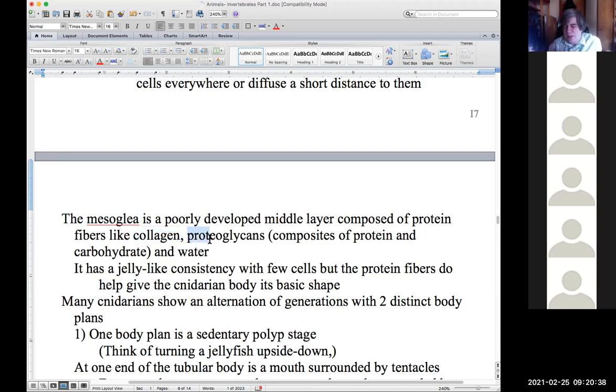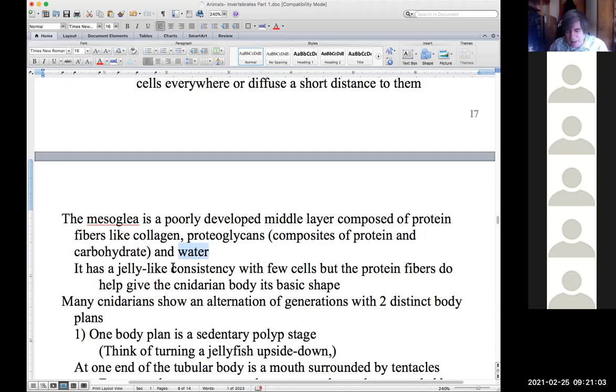There are also some things called proteoglycans, which you can tell from the name. Remember glycogen and glycolysis. These molecules are proteins and carbohydrates. Usually they're long chains of carbohydrates connected by very short chains of amino acids. And there's also some water in here.